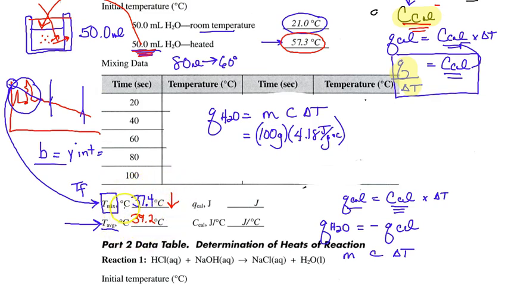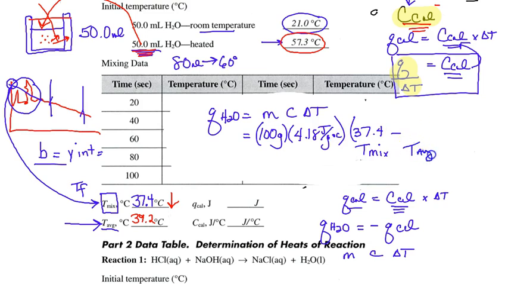So what we're going to do is take the temperature final, which in this case from the data is 37.4, the T mix. So this is T mixture. It's like our final temperature, after the heat was transferred, minus, in this case, T average.